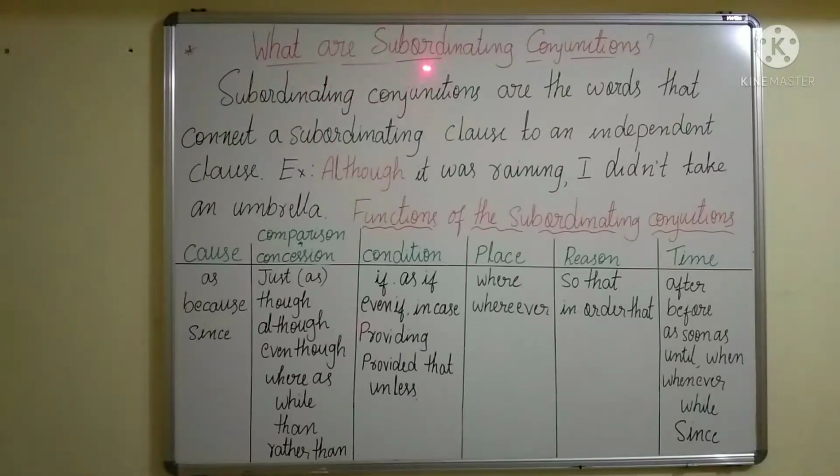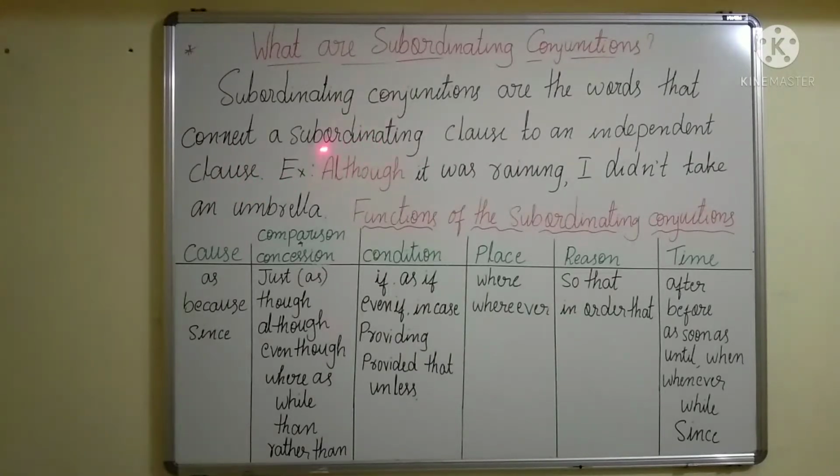What are subordinating conjunctions? Subordinating conjunctions are the words that connect a subordinating clause to an independent clause. See here, the definition tells us that subordinating conjunctions are the words which connect a subordinating clause with an independent clause.